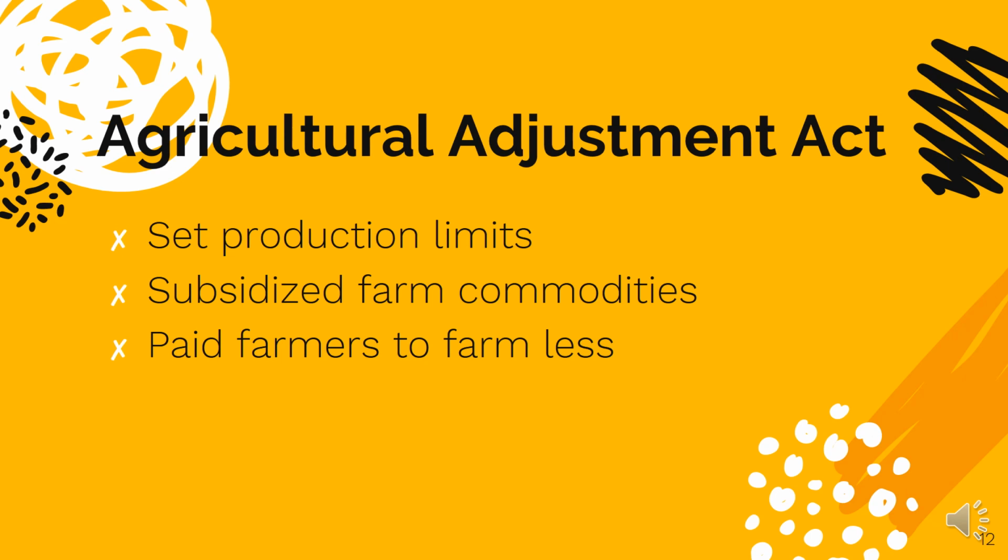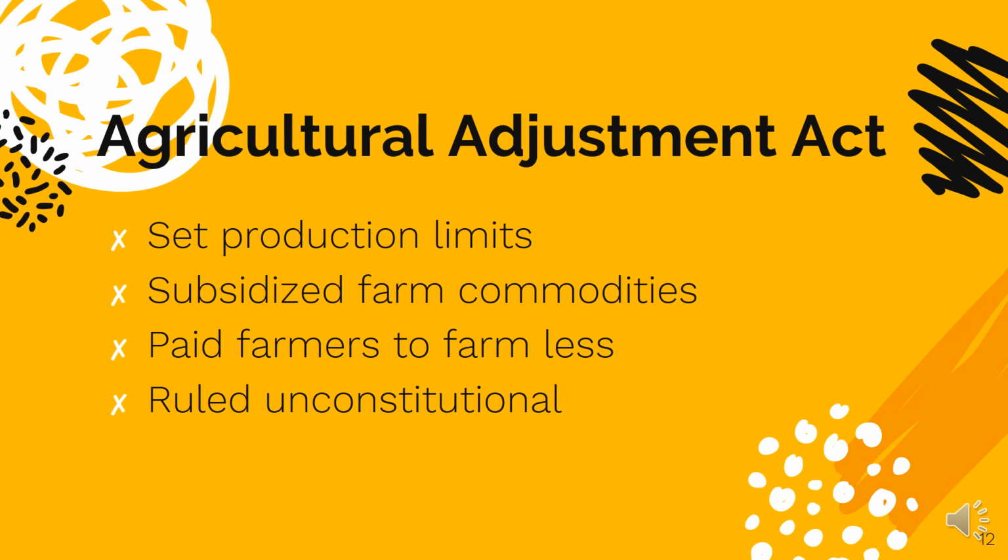This did benefit some farmers, but others like sharecroppers and tenant farmers did not really see the benefits of this. They were not landowners, for one. This too, like several of the other New Deal programs, was ruled unconstitutional in 1936 because it set up taxation programs that the Supreme Court ruled were illegal.